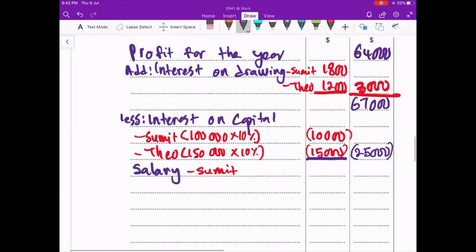You can straight away write here 7,000. And salary also be minus, so I put in a bracket. Okay, 67,000 minus 25,000 minus 7,000. Can you take a calculator and calculate how much? 67,000 minus 25 minus 7, I will get 35,000. So this 35,000 is your residual profit.